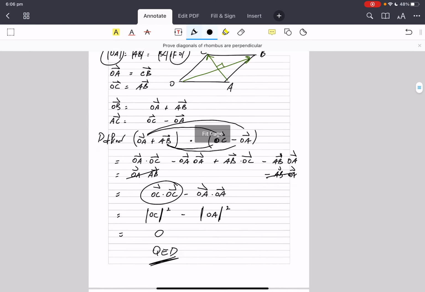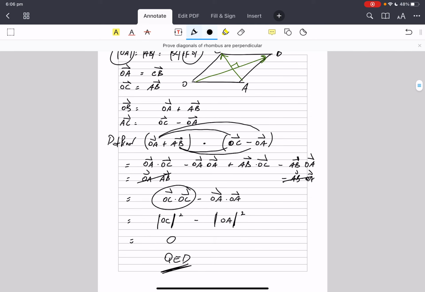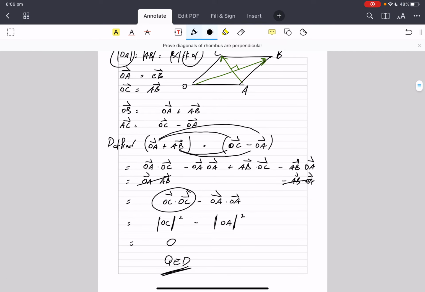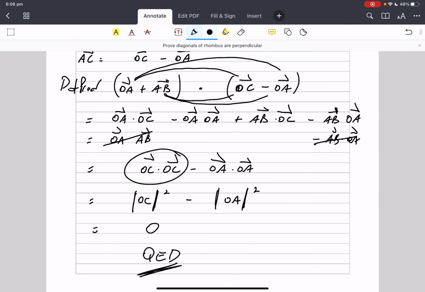You've proved that the dot product of those two green vectors is 0, hence they're perpendicular. It might take you a little bit to get the connection between those two. Just draw a vector somewhere and dot product it with itself, and you'll see that it just comes out.